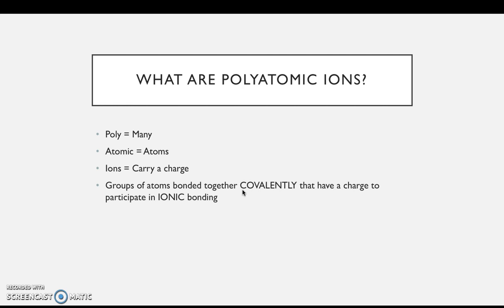These atoms are usually all nonmetals, meaning they have electronegativity differences that are pretty close together. But the thing that's special about them is they might need 1 or 2 or 3 extra electrons in order to make that bonding work, which then leaves them overall with a charge.